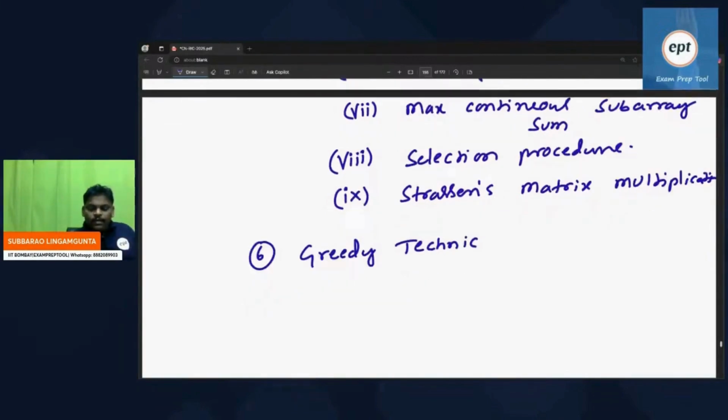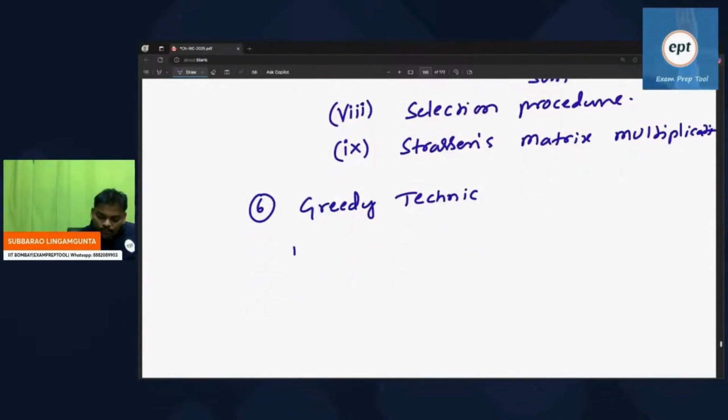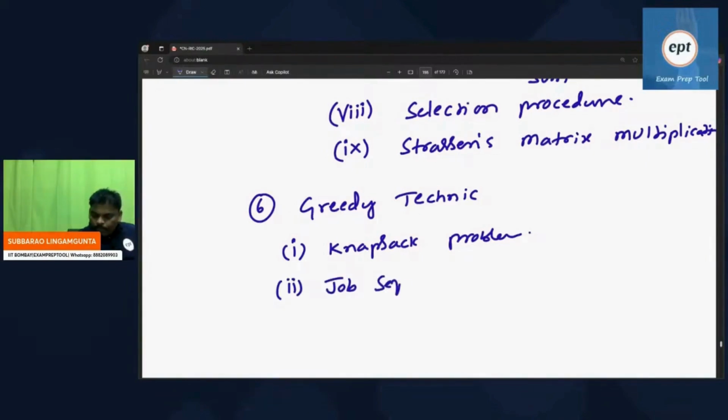In the greedy technique, first one is the knapsack problem. Second one, job sequencing with deadlines.